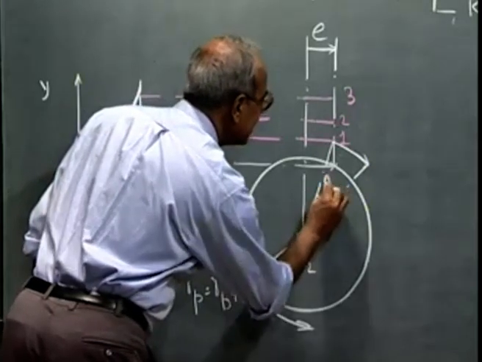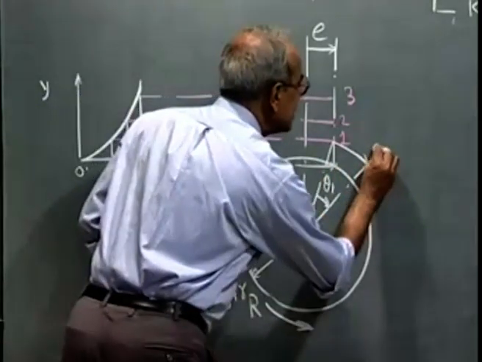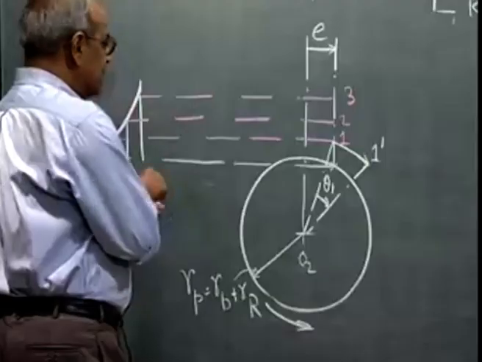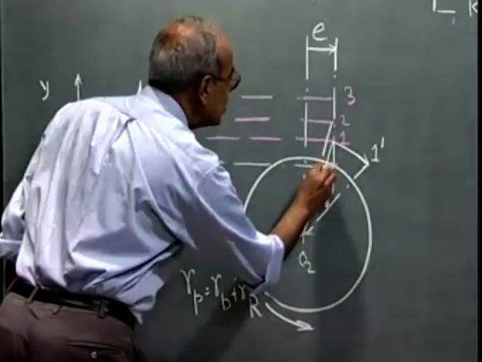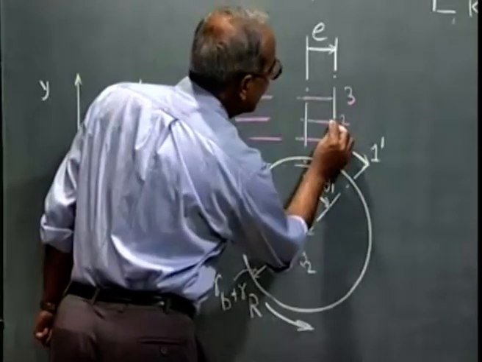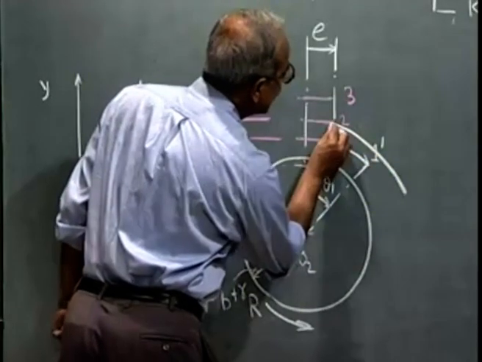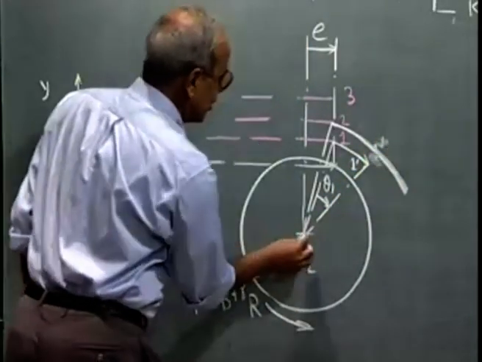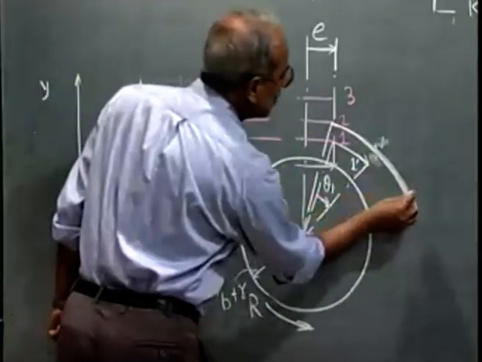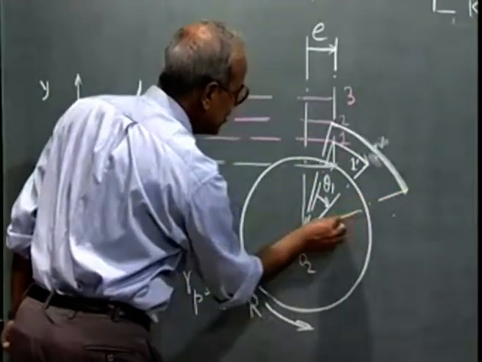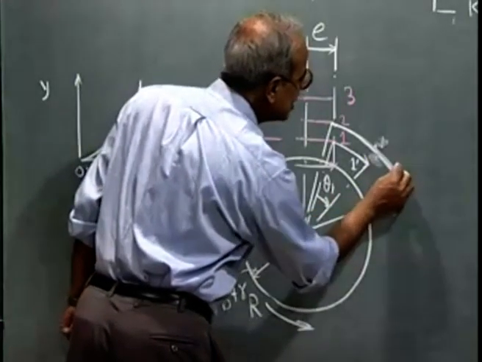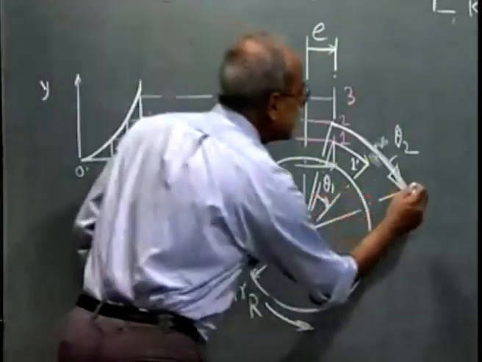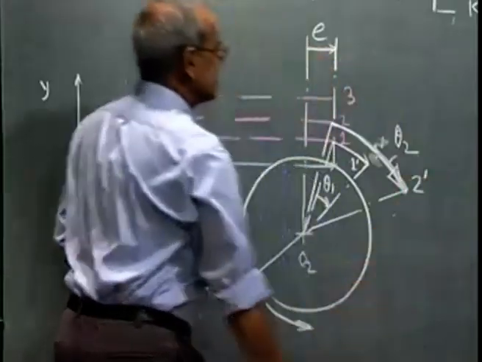This I call the inverted position of station point 1, which is 1 prime. Similarly, for 2, I rotate about O2 this line O2A2 through an angle theta 2 in the clockwise direction, and I get the inverted position of this trace point as 2 prime.